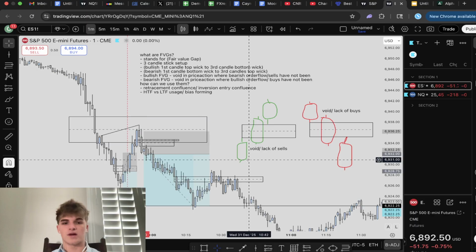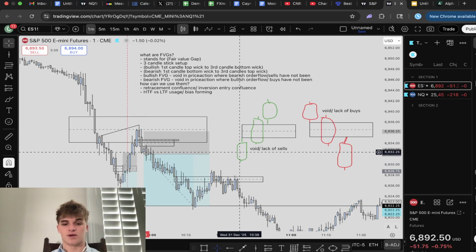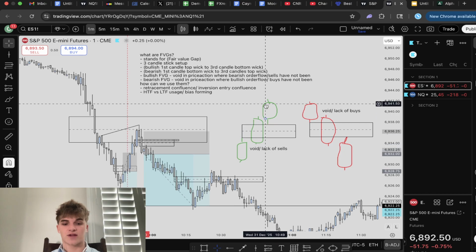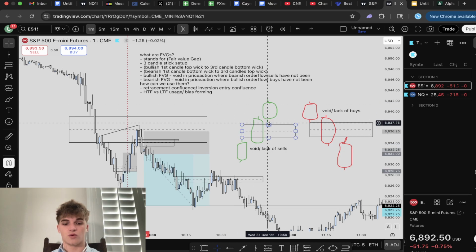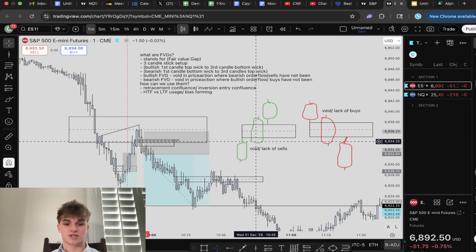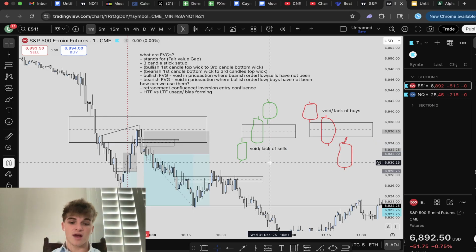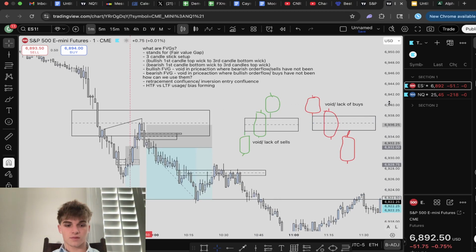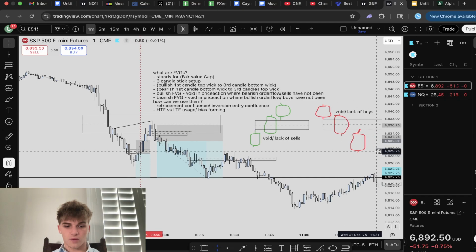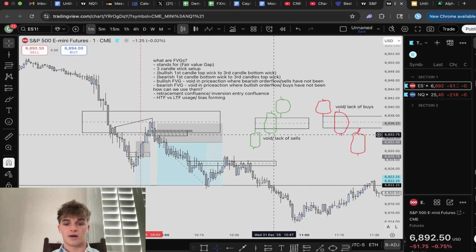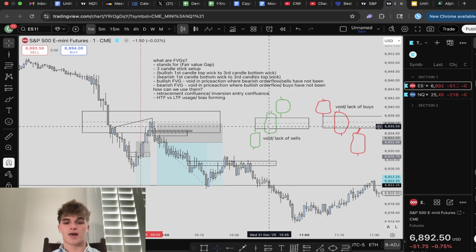But whenever a fair value gap is made, think about this logically. We have a series of candles, with the body and the wick making the candlestick. We have a full body of just bearish order flow.